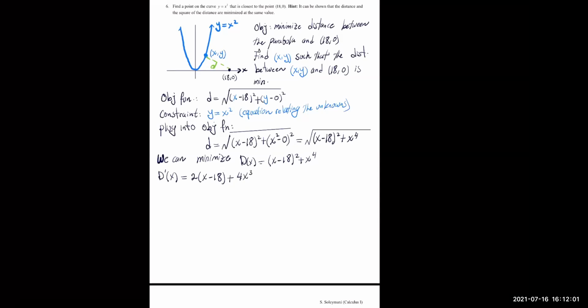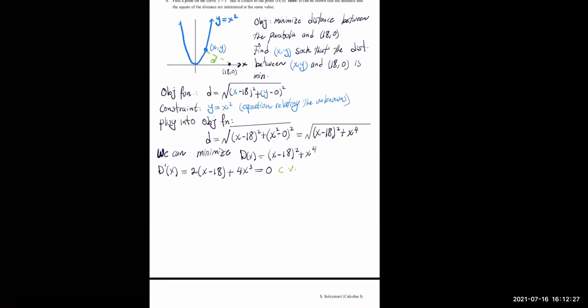I'm trying to set this equal to 0 to find critical values. I don't like cubic equations, guys. But all right, it's fine. It's all good. So we want to find critical values.